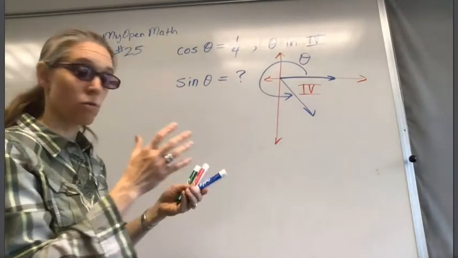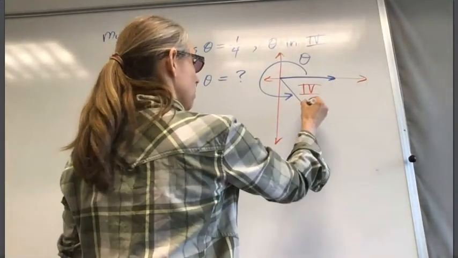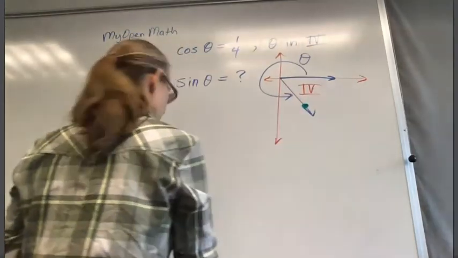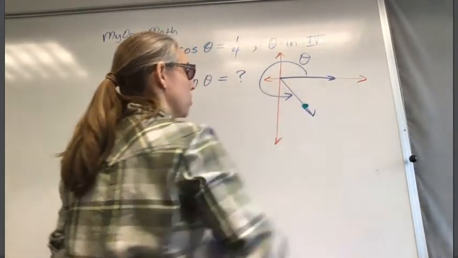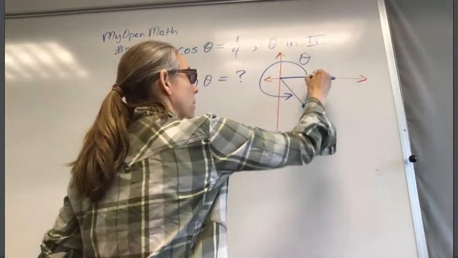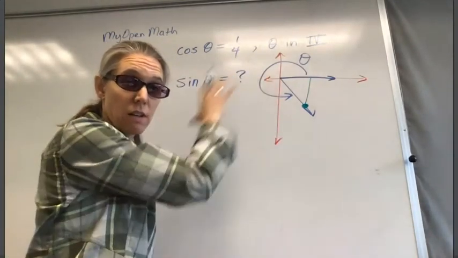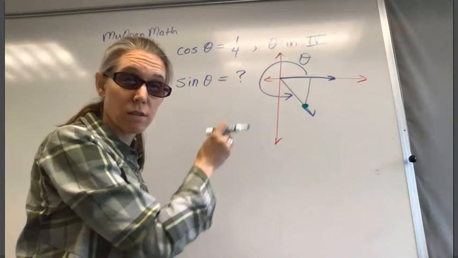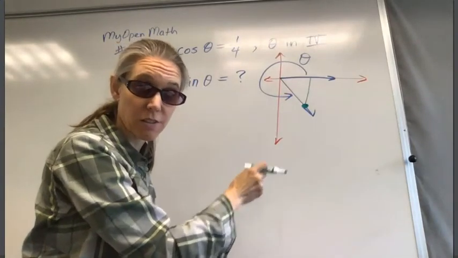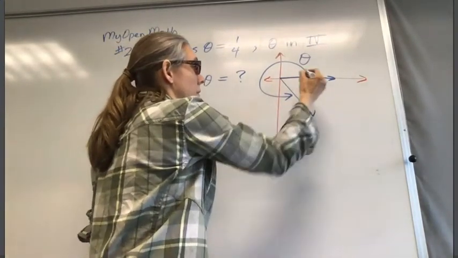Now let's draw a right triangle. Let's say that this is the point here, and we'll just draw straight up to the x-axis. Whenever you draw right triangles for this setup, always draw the line perpendicular to the x-axis.